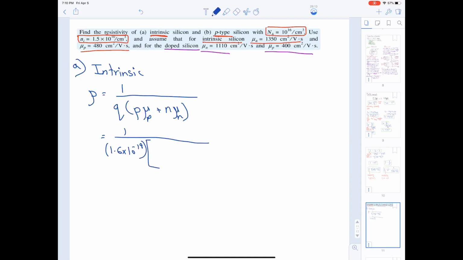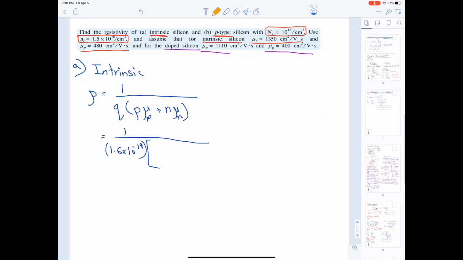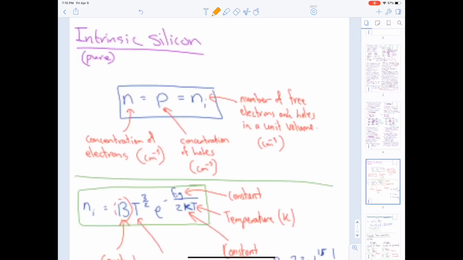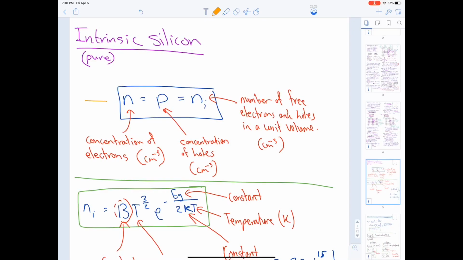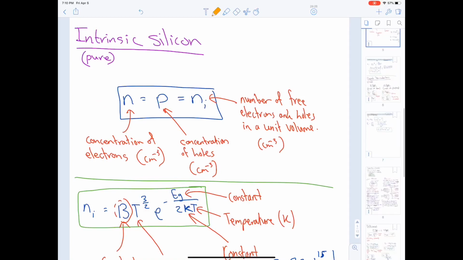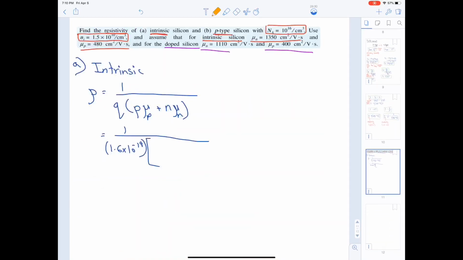And what's p? That's p for the pure. We already said that in pure silicon, n is equal to p and it's equal to ni. And what is ni? Ni is 1.5 times 10 to the power of 10 per centimeter cube.